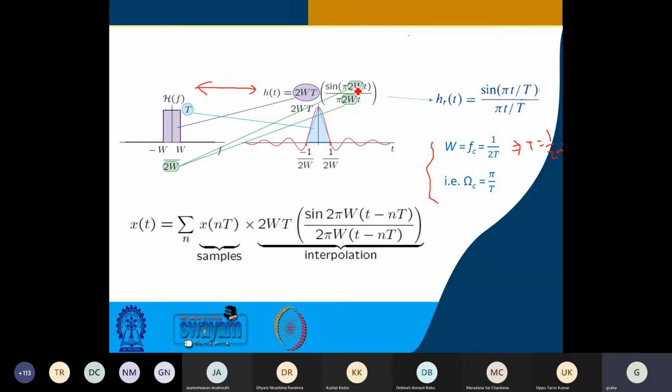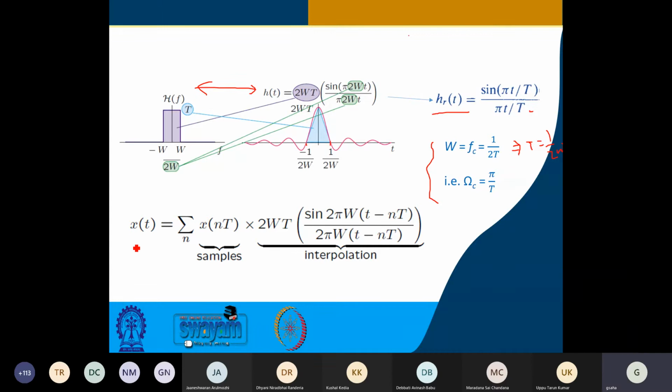So this is pi and this is T. So 2W is 1/T, right? So this is pi t by capital T. 2W cancels out, so pi t and this capital T that is there. So this is your h_r(t), right?